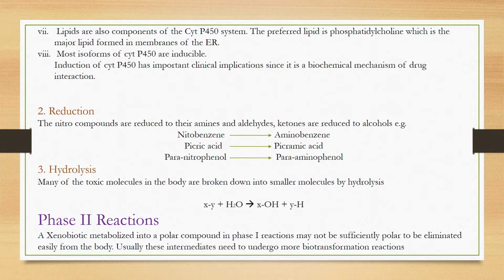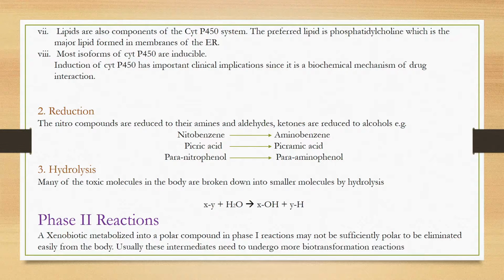Lipids are also components of the cytochrome P450 system. The preferred lipid is phosphatidylcholine, which is the major lipid in the membranes of the endoplasmic reticulum. And most isoforms of cytochrome P450 are inducible.